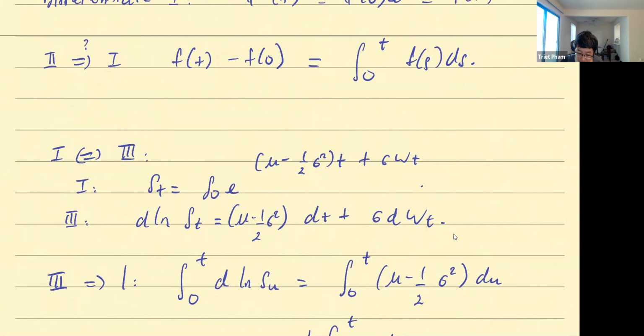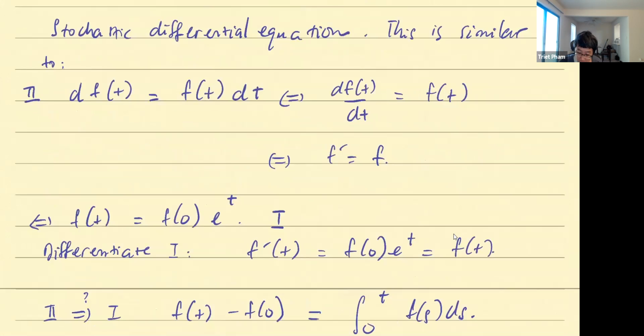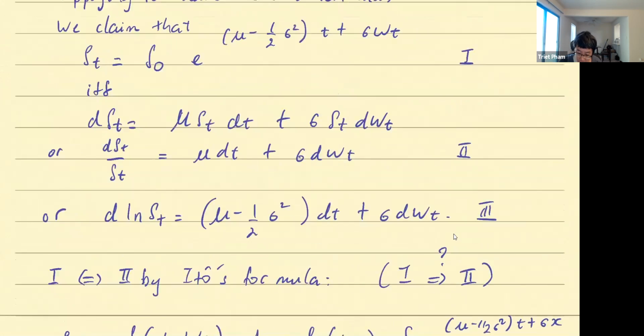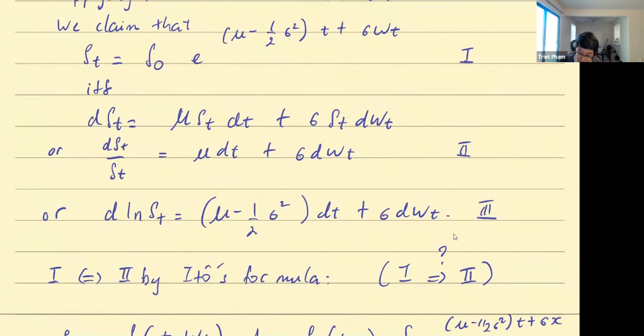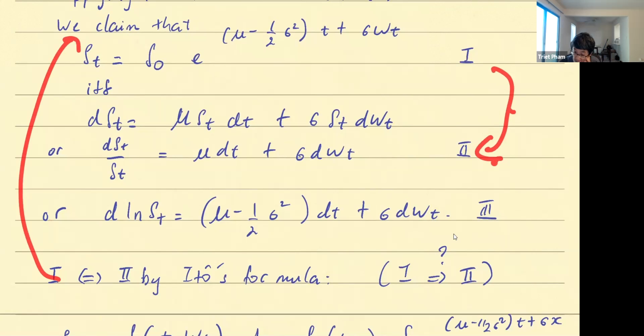Because as we showed above, differentiating 1, according to Ito's formula, you get 2. So it's more like we show that differentiating 1, we get 2, and integrating 3, we get 1. Sure, that's fine.